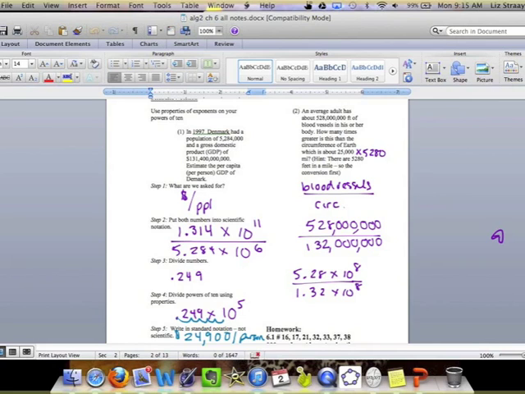Then we would divide our numbers. 5.28 divided by 1.32, and I get 4 times 10 to the 0, which is just 1, so we get 4.